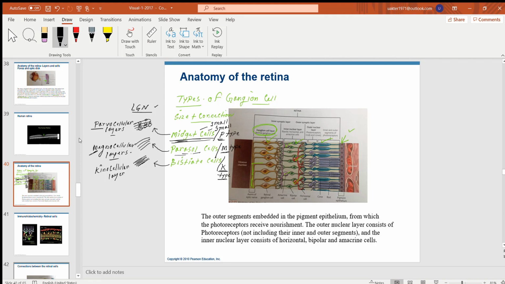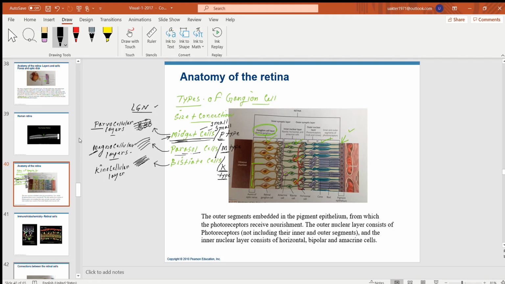Okay, and these cells mainly process the color. They are excited by the change of color. So color sensitivity is present in these cells, midget cells.